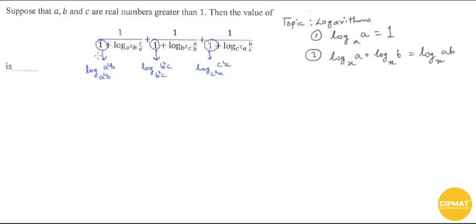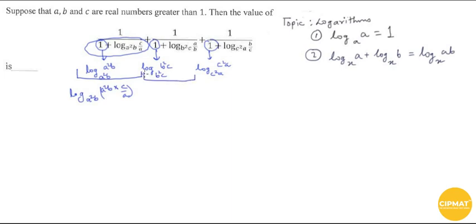You see that log a square b, and here log a square b, into log c. So this whole expression becomes log of a square b multiplied by c by a.